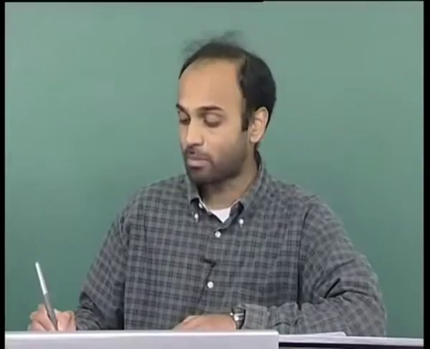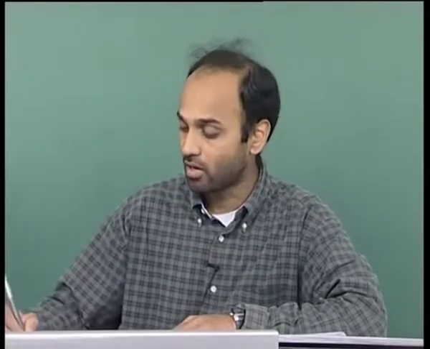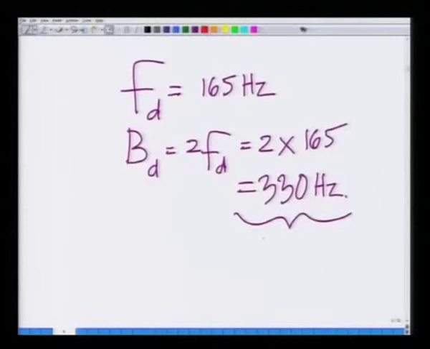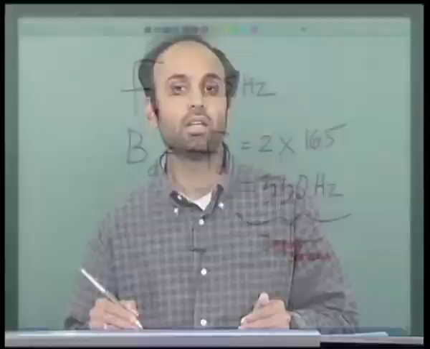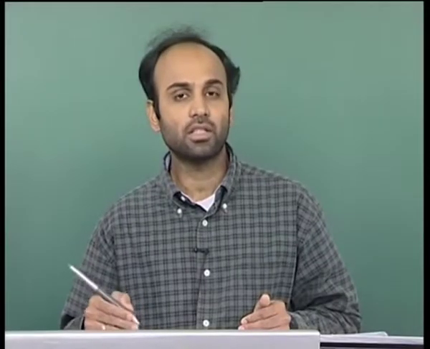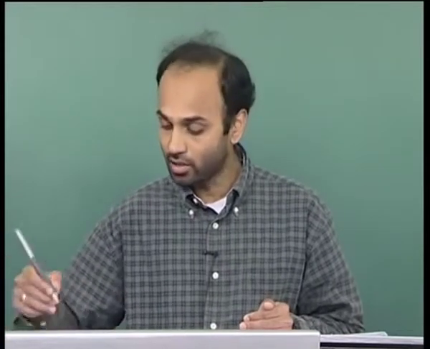That is the Doppler spread of a mobile moving at 60 miles per hour directly towards the base station and communicating at a carrier frequency of 1.85 gigahertz.